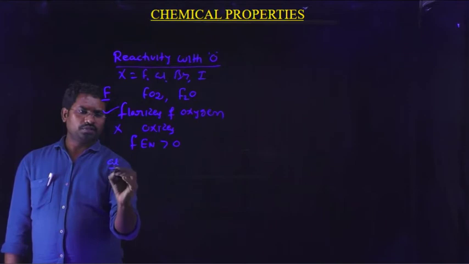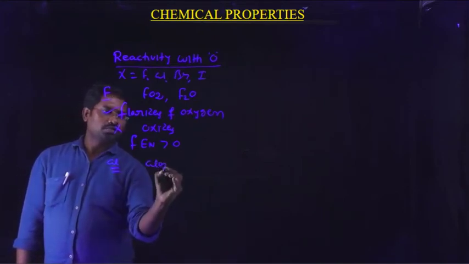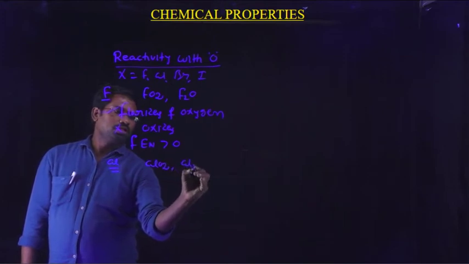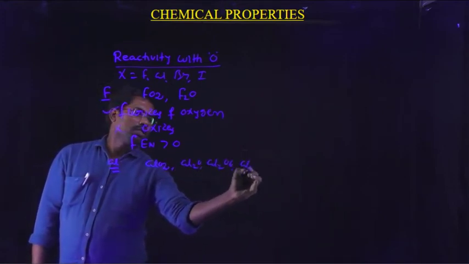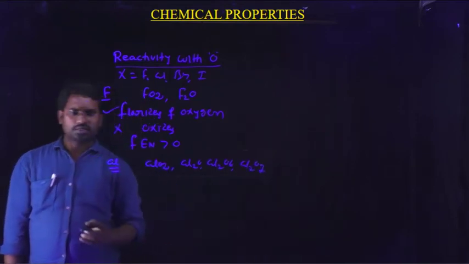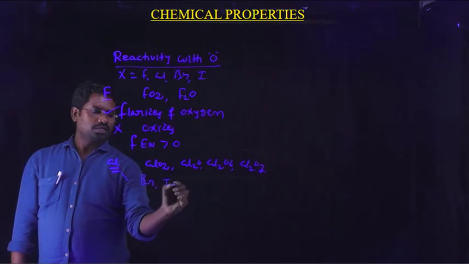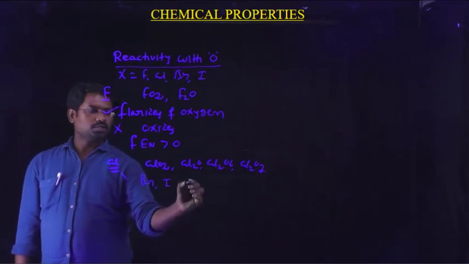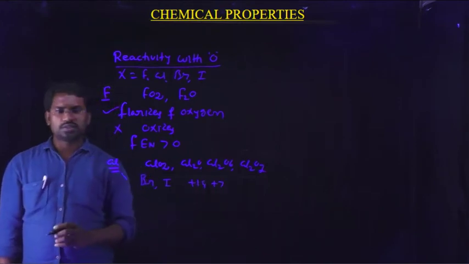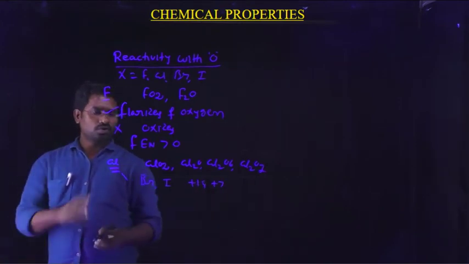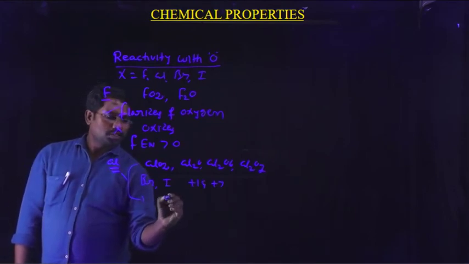Therefore, come to the next one. Chlorine reacts with oxygen to form the oxides ClO2, Cl2O, Cl2O6 and Cl2O7. In chlorine, bromine and iodine, the oxides have oxidation states of +1, +4, +6 and +7.